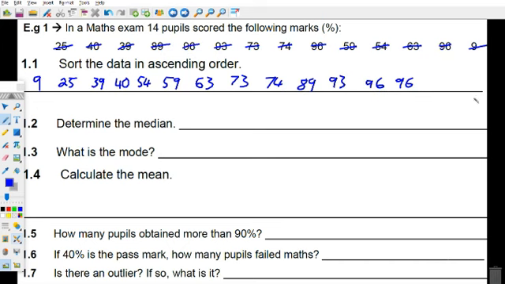All right. So we have everything now in ascending order.